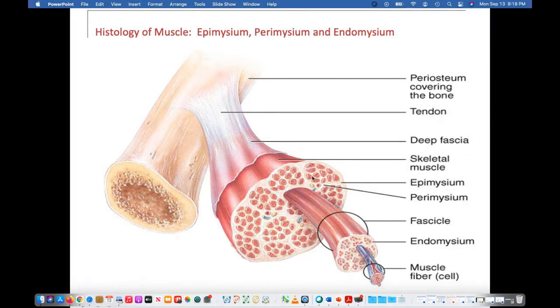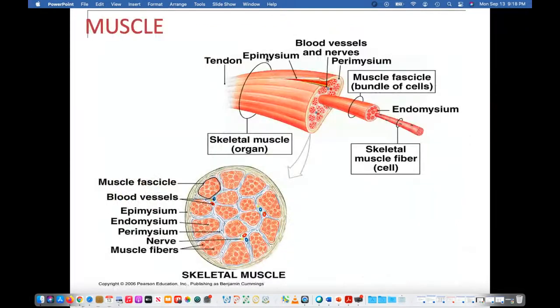Then you get this fascicle, and this fascicle, and this fascicle, all of these fascicles, and the layers around them are referred to as a perimysium. The layers around here are the endomysiums. Surrounding the entire structure all the way around is your epimysium, which we see here.